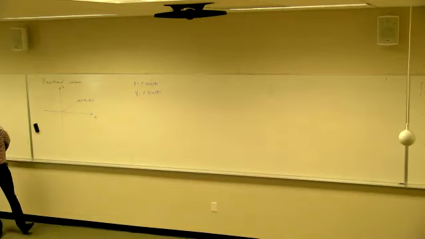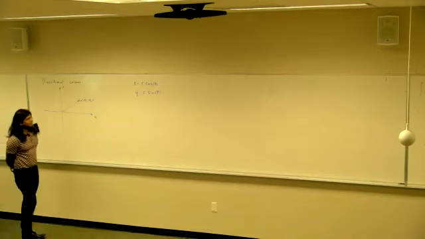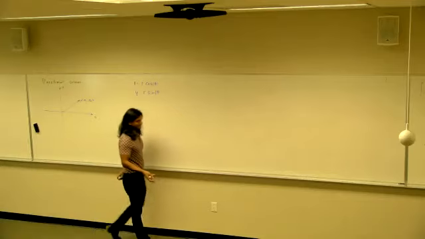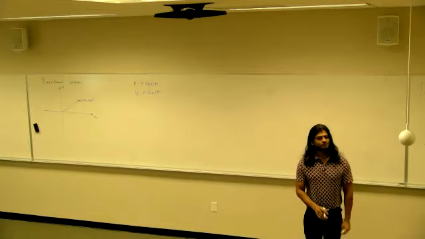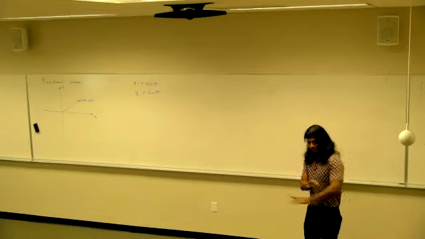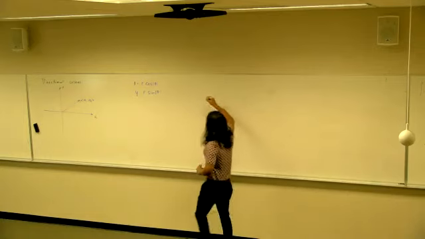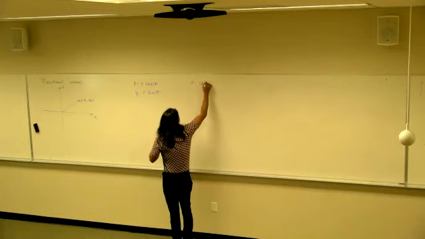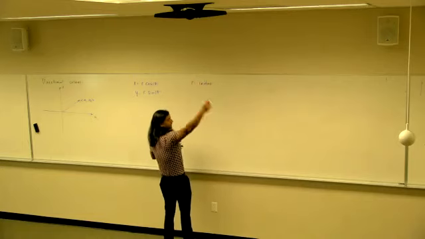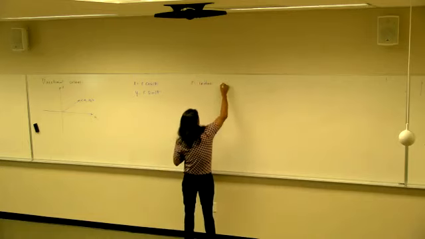What is theta? The angle. What is r? The magnitude, the length. Radius, right? So r is the radius of whatever circle you are representing.